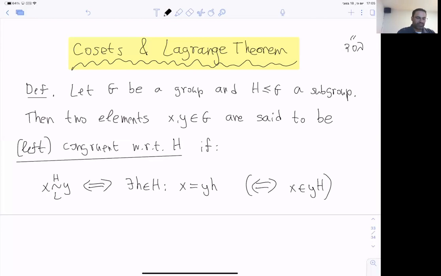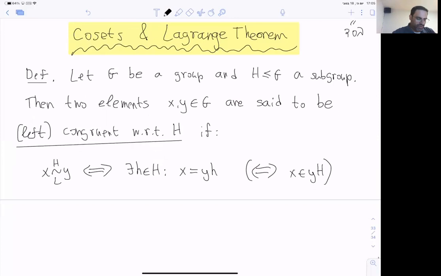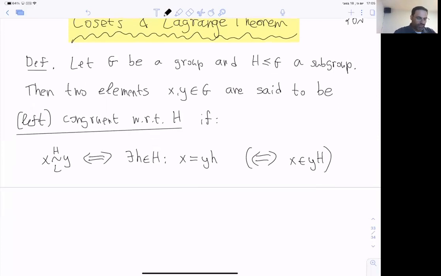Okay, what does this mean? I know you're not used to this definition, of course, so let me draw some picture.